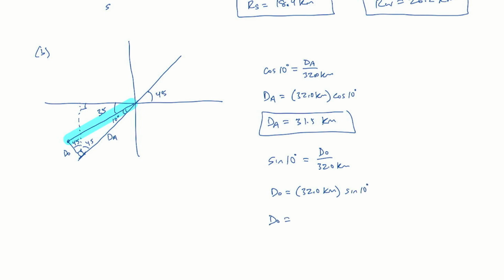And so now our opposite displacement is 5.56 kilometers. So if we rotate by 45 degrees, we've got 10 degrees left. And so now we're going to be going 31.5 kilometers along dA, and then 5.56 kilometers along dO, and we arrive at the same location as we did the first time.